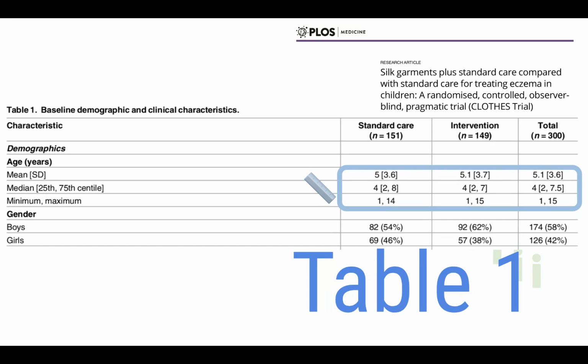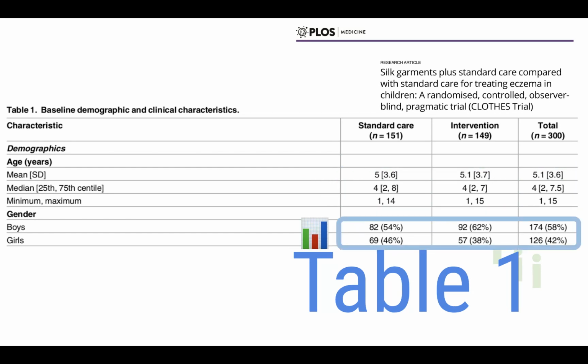The mean age in the intervention is 5.1. Those are pretty similar, so it looks like they're pretty balanced. And similarly, the median is pretty balanced, 4 and 4. And the minimum and maximum, they both have a minimum of 1. And the intervention has a maximum of 15, but pretty close to that standard care of 14.